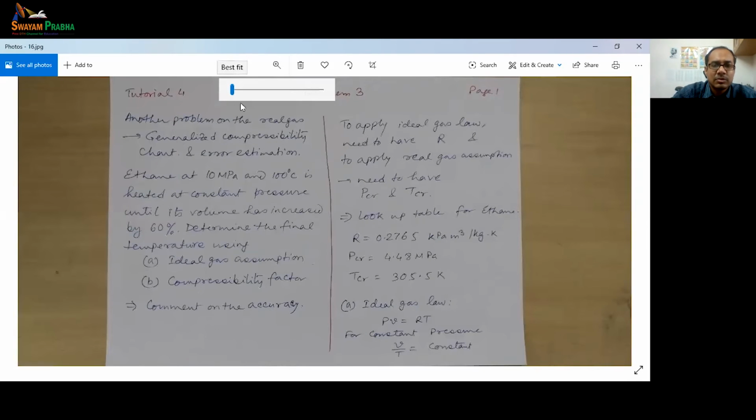The problem statement gives the pressure and temperature for the first state, and then it is heated at constant pressure. For the ideal gas assumption, PV equals RT, P is constant, and R is the gas constant, so it is constant. So for the whole constant pressure process, V over T will be constant.